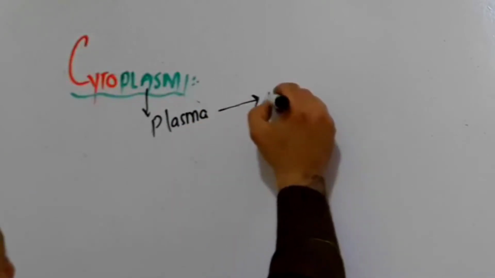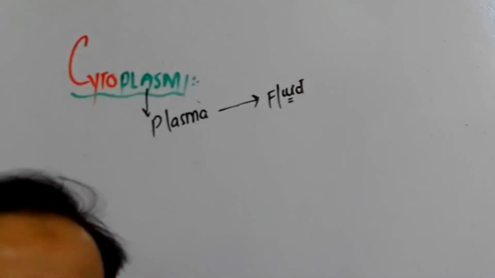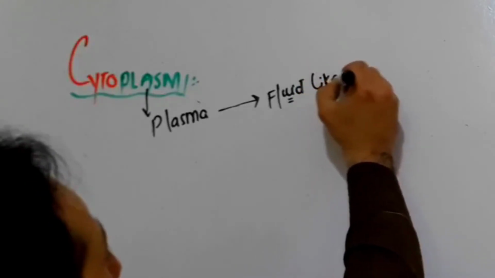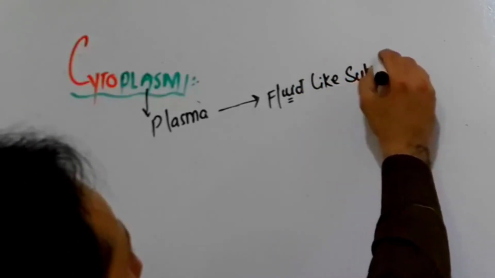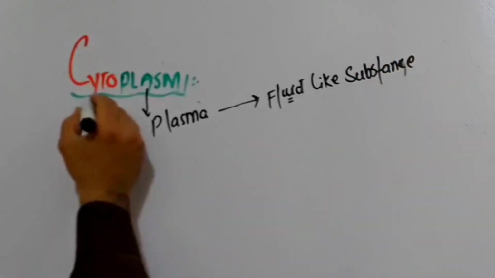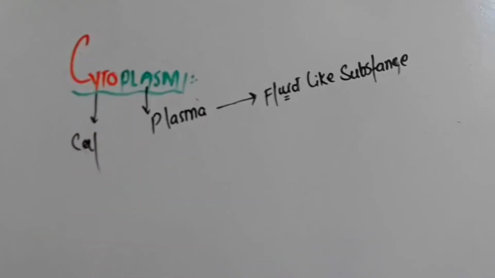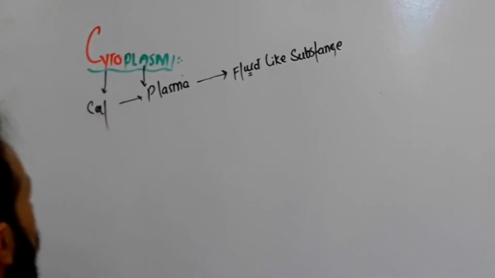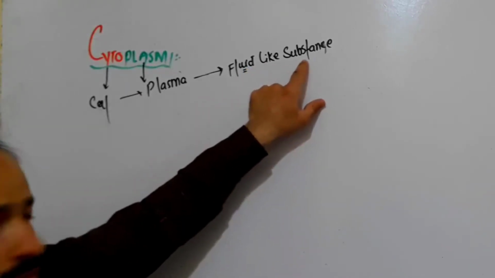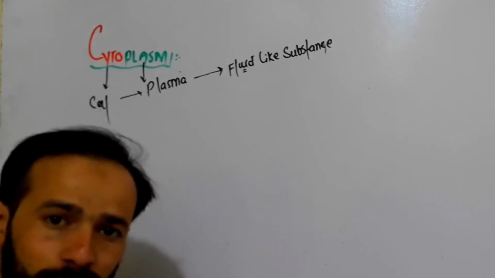Plasma means fluid, a semi-fluid like substance, fluid like substance, right? So there is cyto, which means cell, and there is plasma, so we make it cytoplasm. The fluid like substance which is present in the cell, we call that cytoplasm, right?